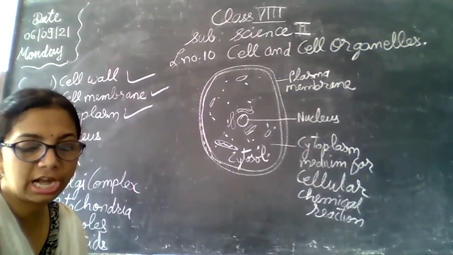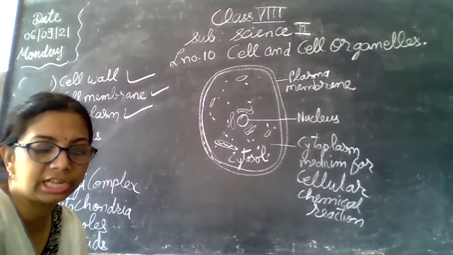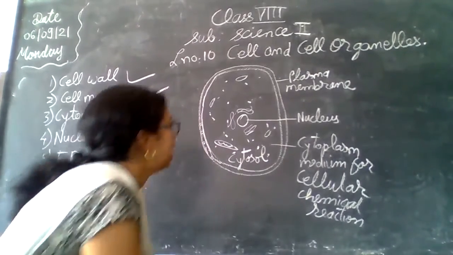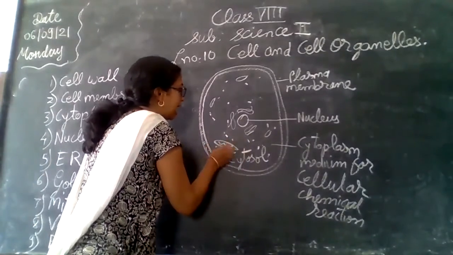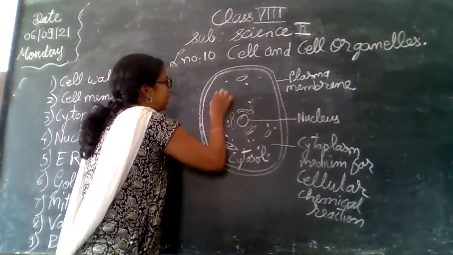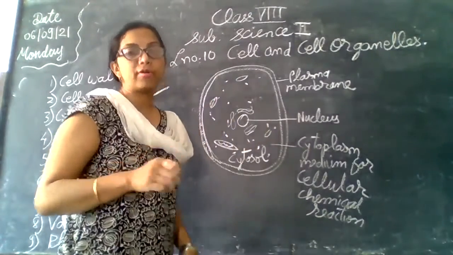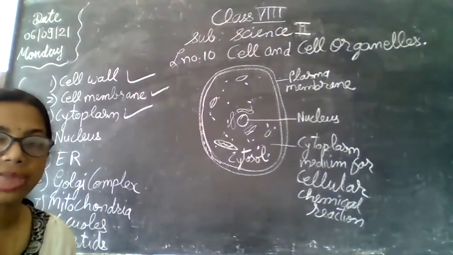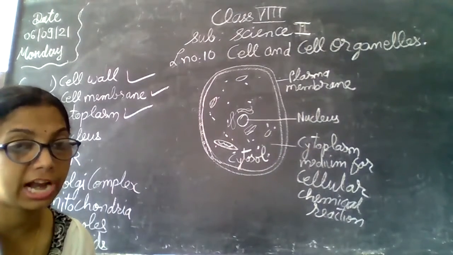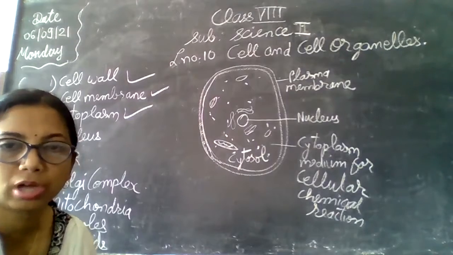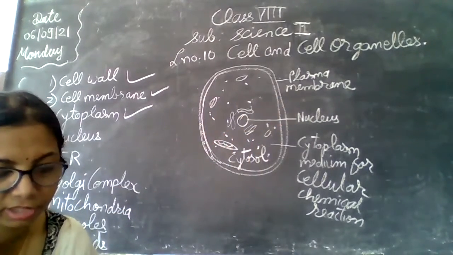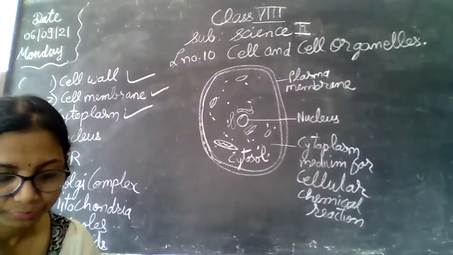Each organelle has its own lipoprotein membrane. Each and every cell organelle has a membrane around it, so that whatever function it has to perform, its chemical composition is maintained and it will not be mixed with the cytosol, that is, the cytoplasm inside the cell.